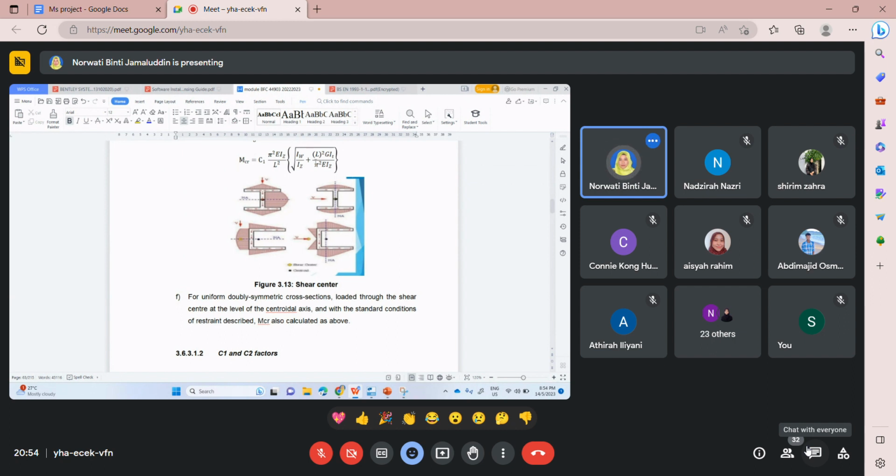This is for a doubly symmetric cross-section like your I section or H section, with the typical case where the loading passes through the shear center. Standard condition of restraint means just a typical pin or fix, and this is the MCR that you can use.